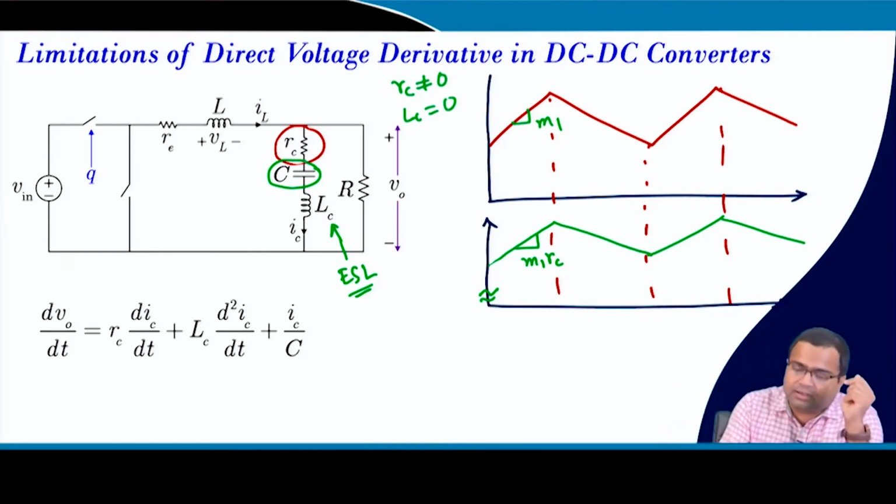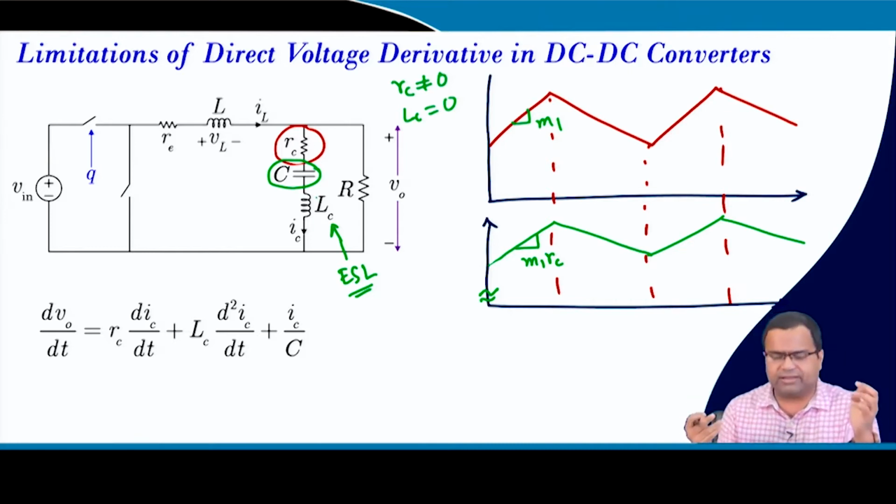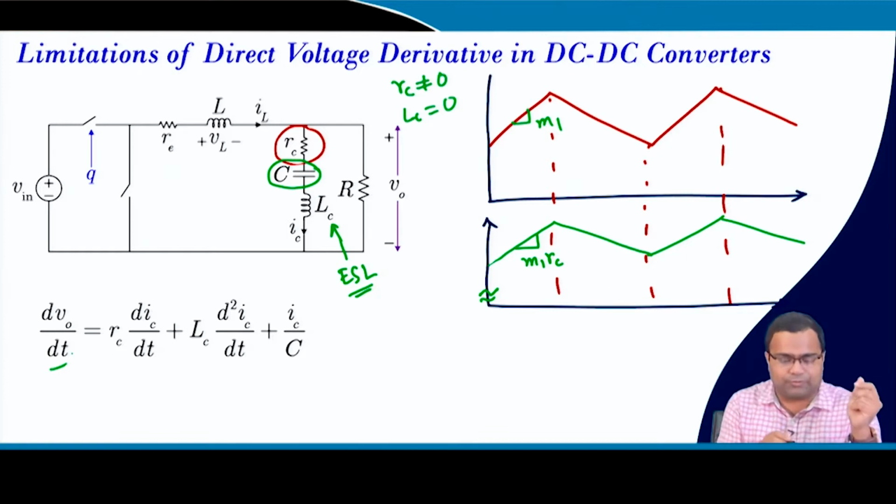Now, in presence of ESL, what will happen? This ESL is very small, it can be a few nanohenry or even hundreds of picohenry. Suppose you take the derivative of the output voltage.